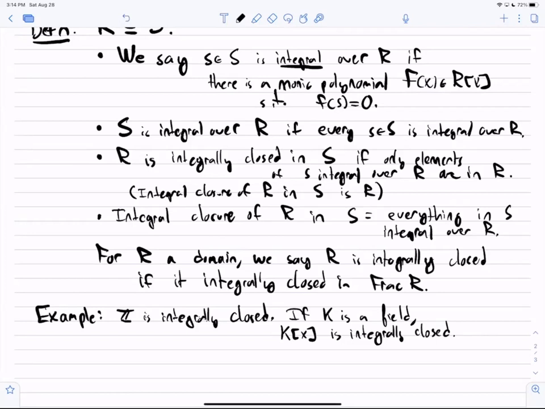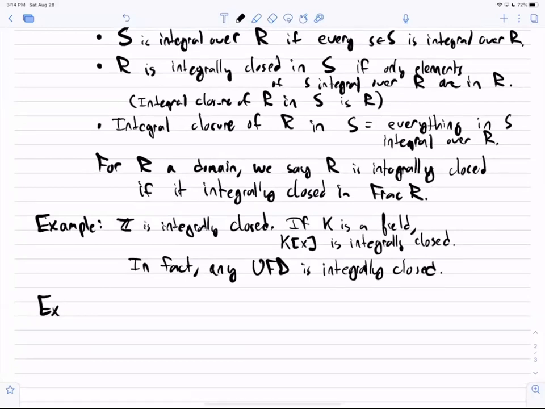And in fact, any unique factorization domain is integrally closed. It's essentially the same proof for all of these, and that's also an exercise on your homework this week.